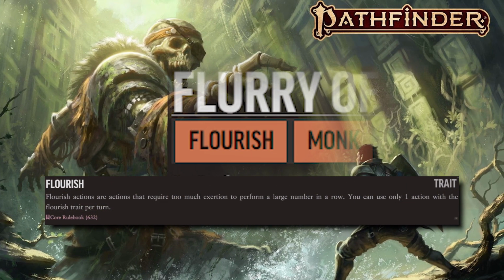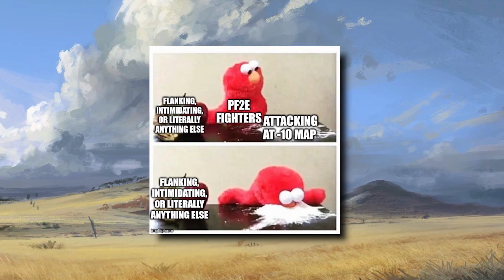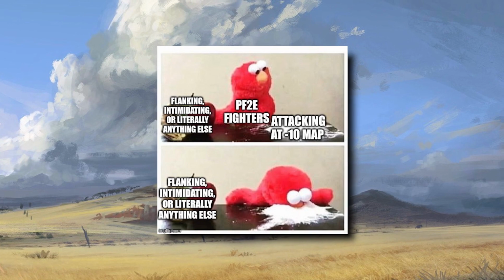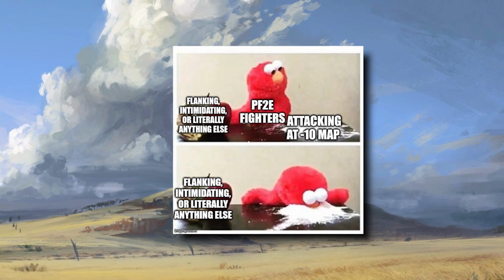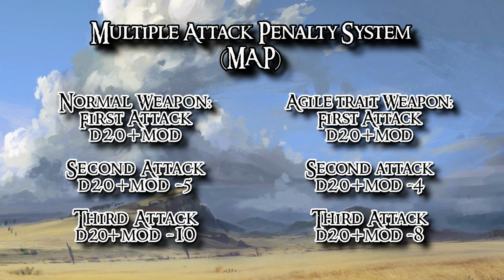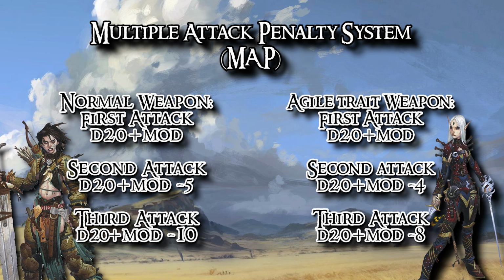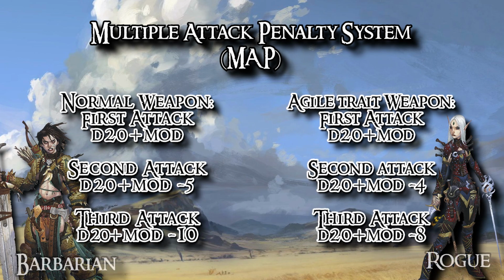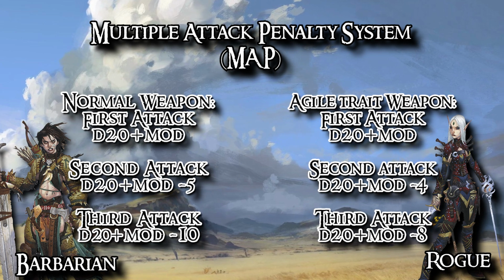You can also spend all 3 actions to attack, but this is honestly a really poor choice thanks to the multiple attack penalty system, or MAP, that balances damage output for martials and foes equally. Some martials are better at attacking 3 times in a row than others, so your mileage may vary on this ruling.